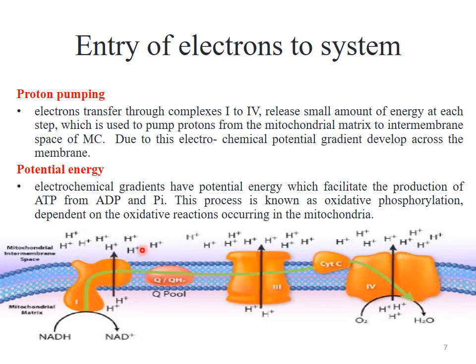And these protons, via complex 5 or by the use of ATP synthase, again get shifted from the interspace to the mitochondrial matrix, where ADP and the presence of phosphate regulate its conversion from ADP to ATP.